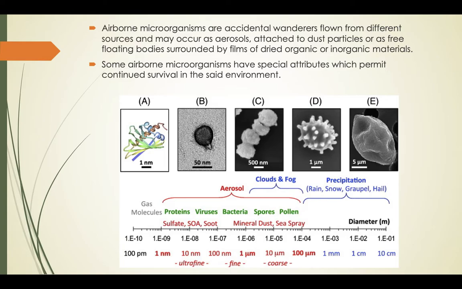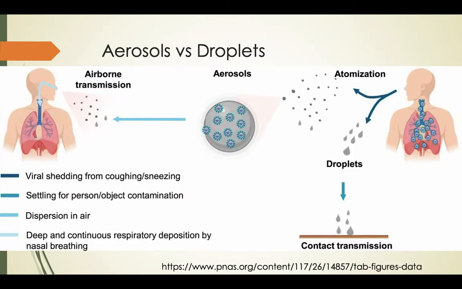Let's differentiate these two terms, aerosols and droplets. I have a very nice infographic from this paper comparing aerosols and droplets in the context of SARS-CoV-2 transmission. In general, aerosols are liquid or solid particles that are suspended in air. They can be visible, like fog, but most of them are often invisible, like dust or pollen.